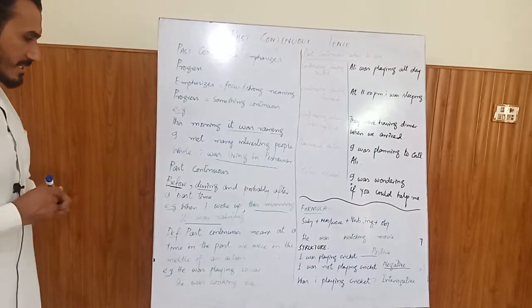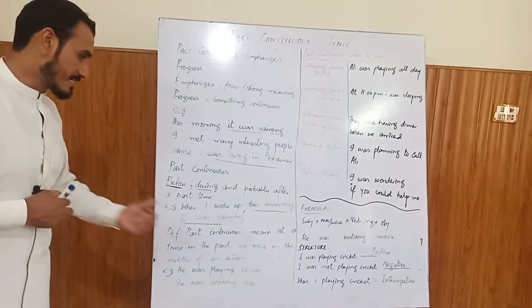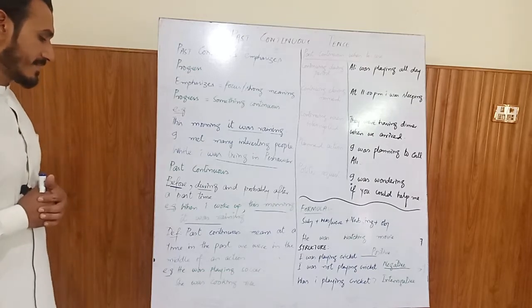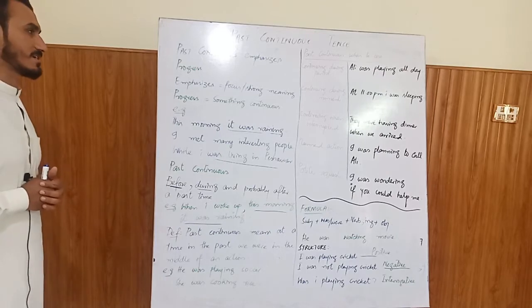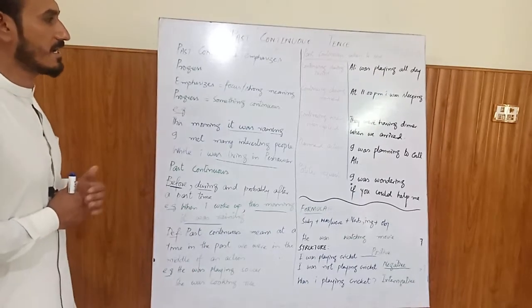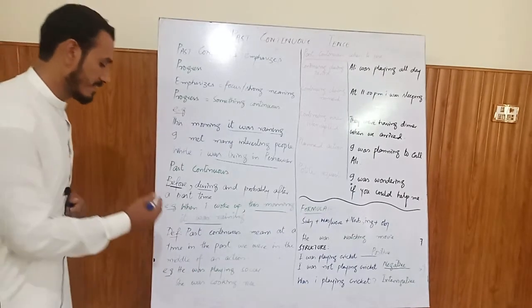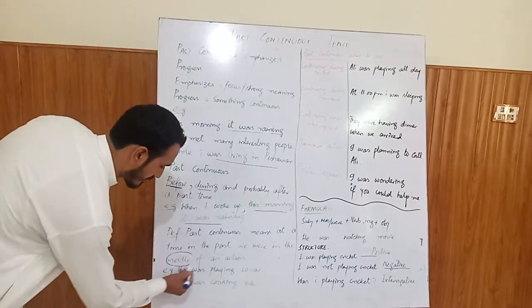What is the definition? Past continuous means at a time in the past we were in the middle of an action. So it represents all actions which are in the middle of an action.